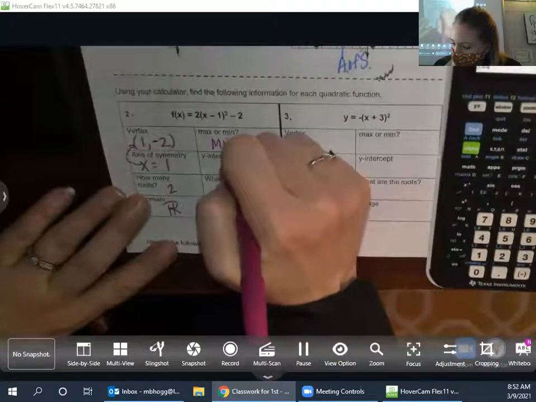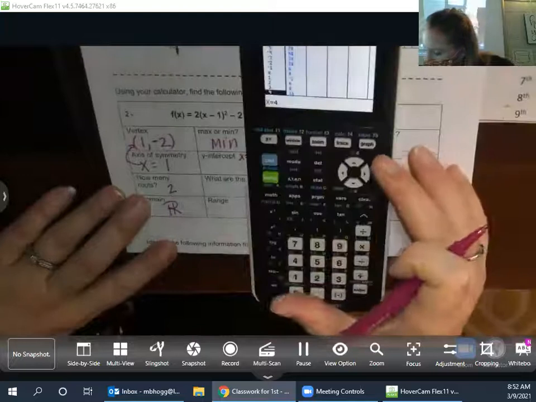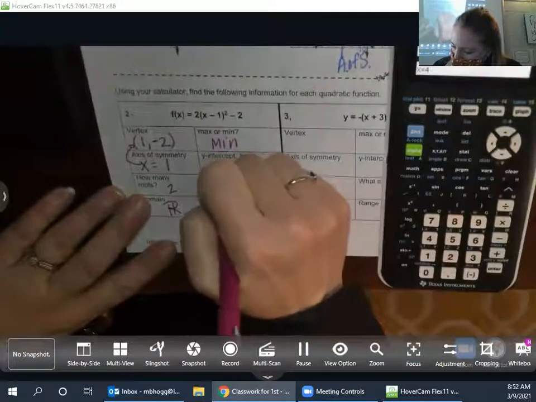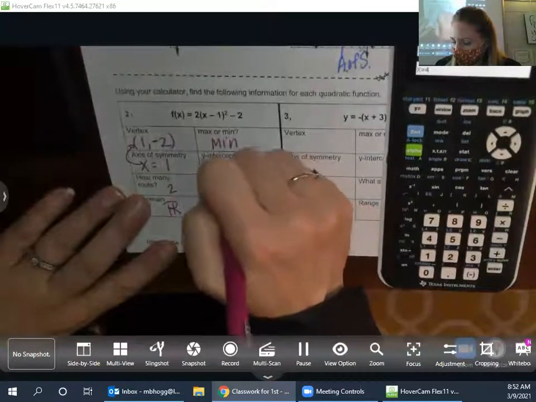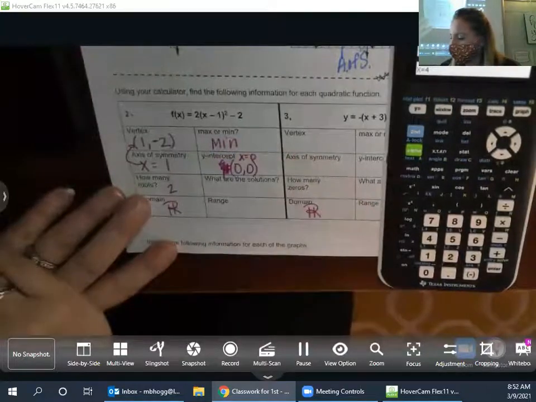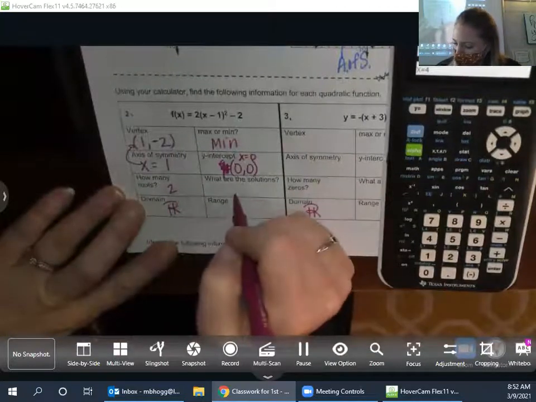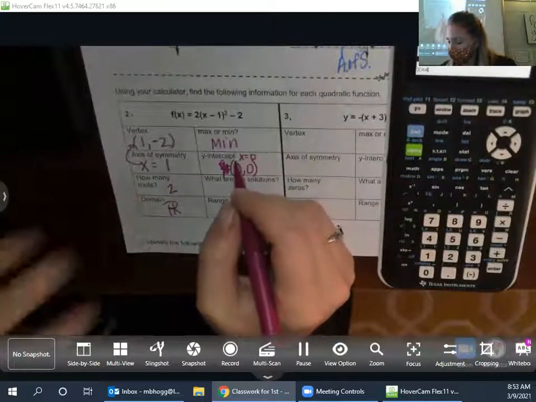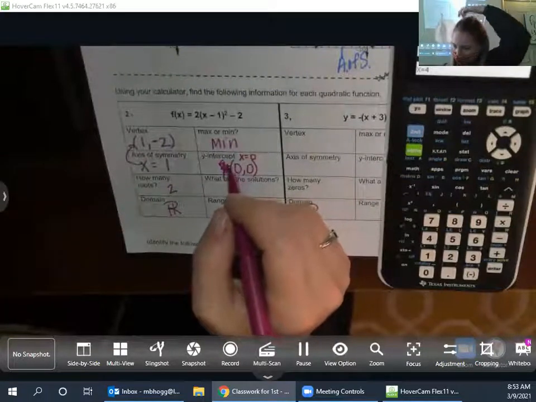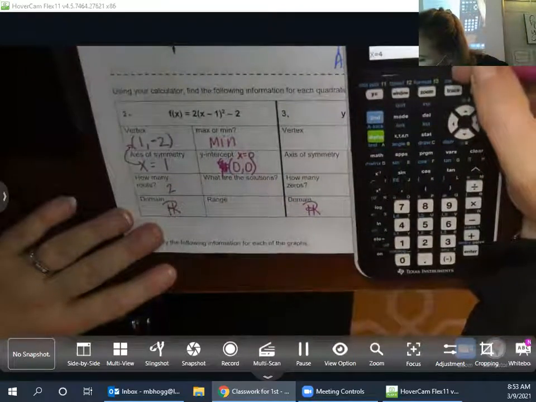The y-intercept is always where x equals 0. So where x equals 0, it's 0, 0. It's y-intercept, 0, 0. It's not y equals. It's just 0, 0 from the table. We know there's 2 roots. What are the solutions? Okay, so they want to know the points that it crosses the 2 zeros. So y is 0.